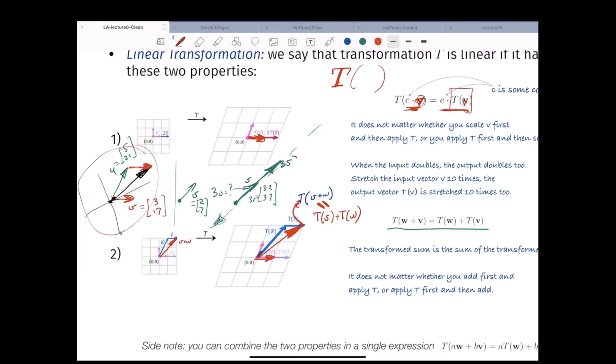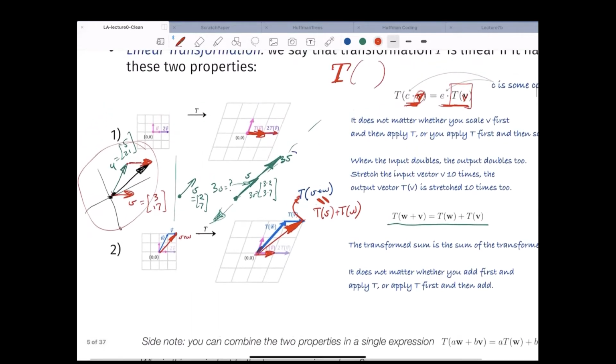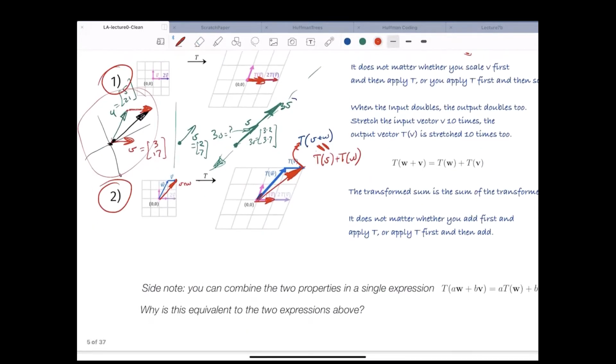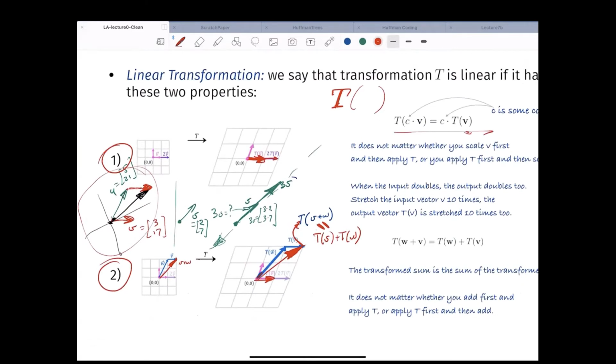Please keep in mind, we'll move on, but what makes a transformation linear is meeting these two properties here: the scaling property, this one, and the sum property. These can be written down in one line also, but let's just separate them like this.